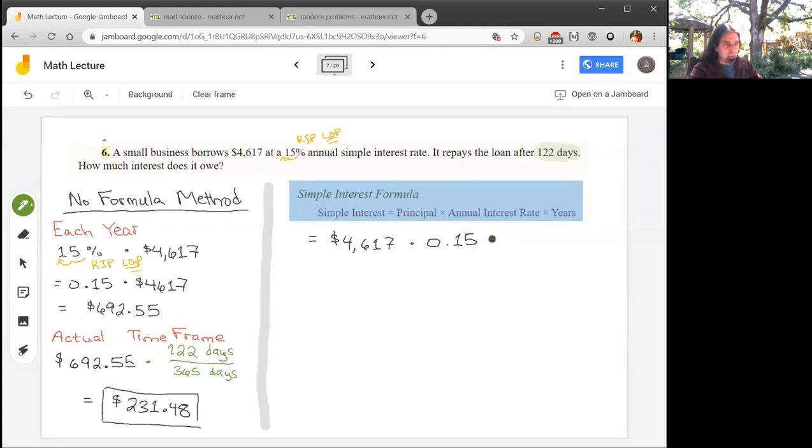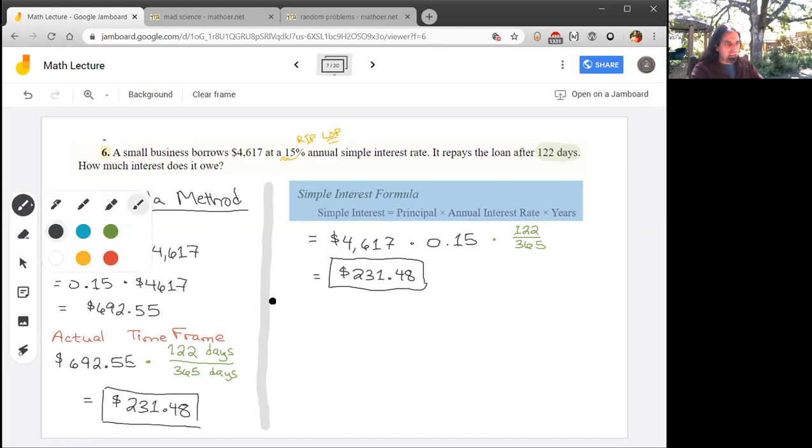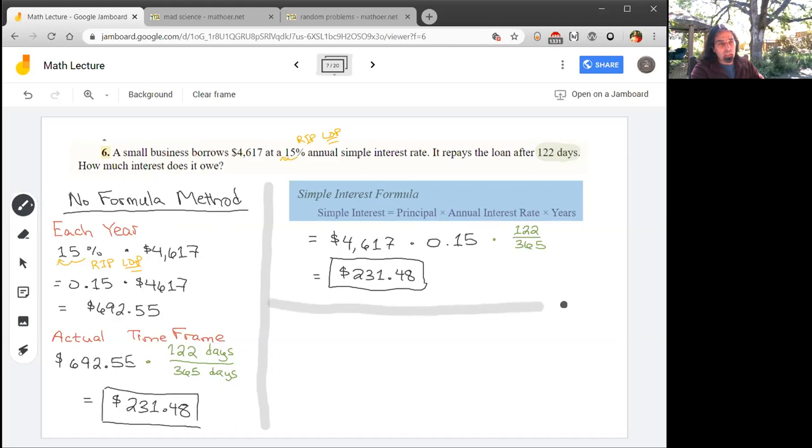And again, I have to change this to 122 over 365. So a lot more on the board on the left. This is doing it sort of efficiently if I'm up for it. And if I'm not, that's okay. Just write more out so I don't make careless mistakes.